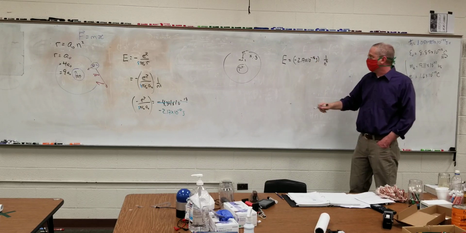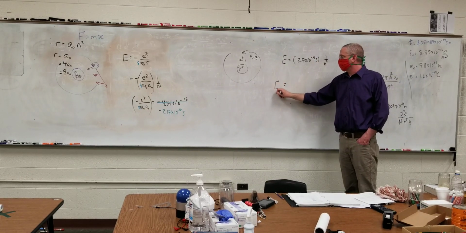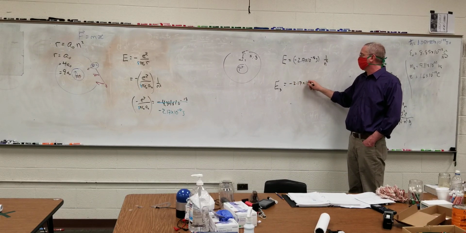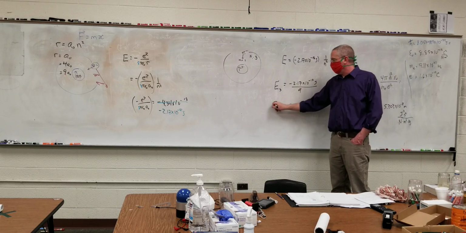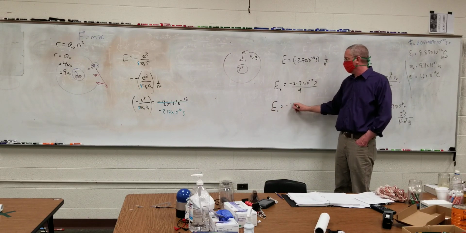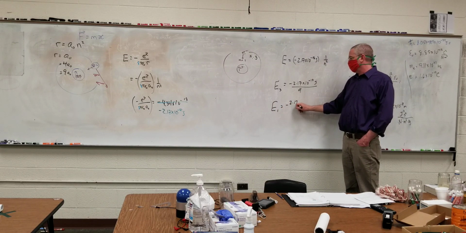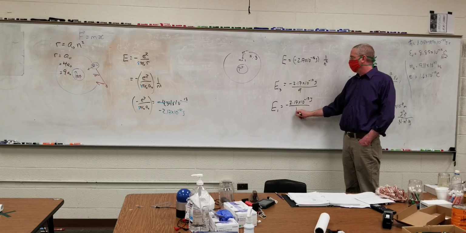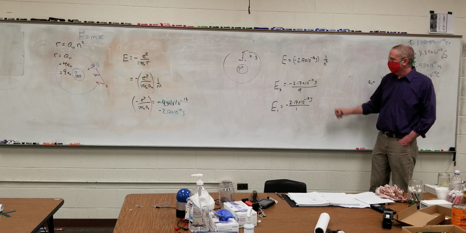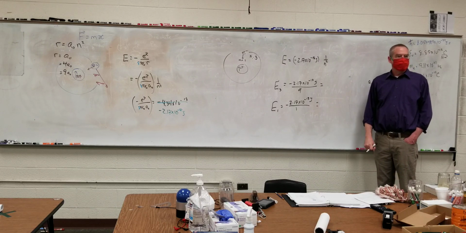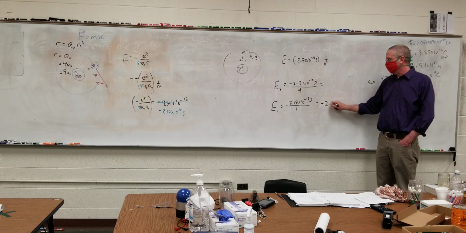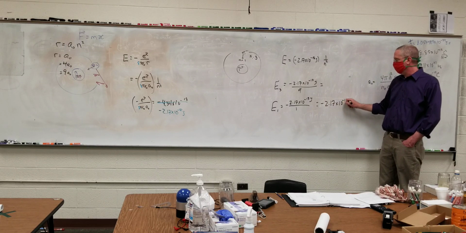I start out with n is equal to 3, so I'll just write E3 is negative 2.17 times 10 to the negative 18th joules divided by 9. And it goes down to E equals 1, negative 2.17 times 10 to the negative 18th joules over 1 squared. Well, E1 is just going to equal negative 2.17 times 10 to the negative 18.